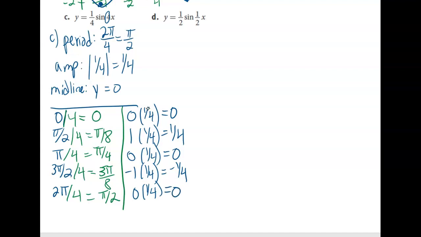And that's what we are going to go ahead and graph. So I'm only going up or down 1/4. So I'm going to scale it. So my 1's way up here, this is just a 4th. There's my negative 1, it's my negative 1/4.